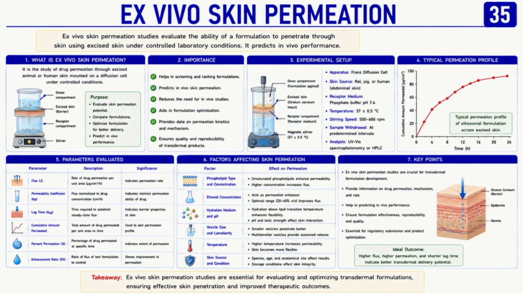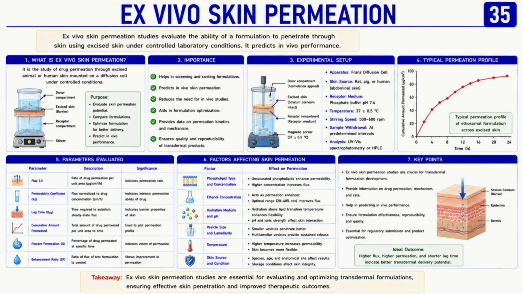Ex vivo skin permeation. Ex vivo skin permeation studies are particularly important for transdermal formulations. Excised animal or human skin may be used depending on ethical approval, availability, and regulatory requirements. A Franz diffusion cell is commonly employed here.